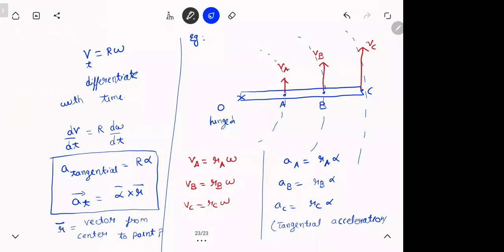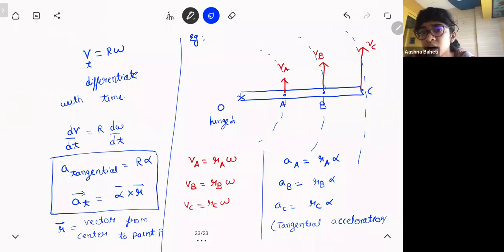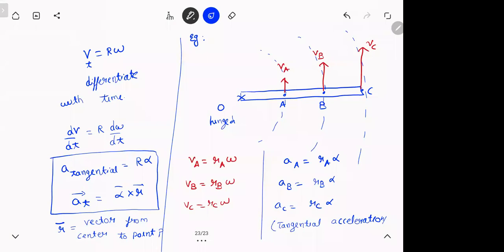So is capital R and small r the same? Capital is a radius, smaller is the same thing. The same thing.